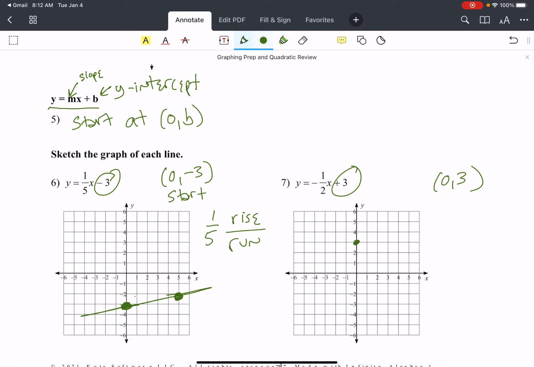What do you think? Well, if it was a fraction, then maybe it's like 1.5. It goes here. Because the b is the y-intercept, and by definition, the y-intercept is where the graph crosses the y-axis, then yep, my starting point's always going to be on the y.